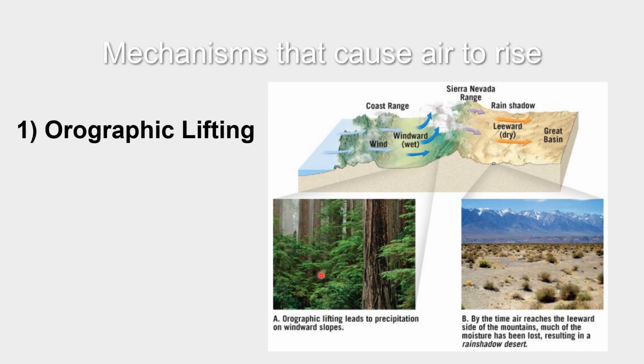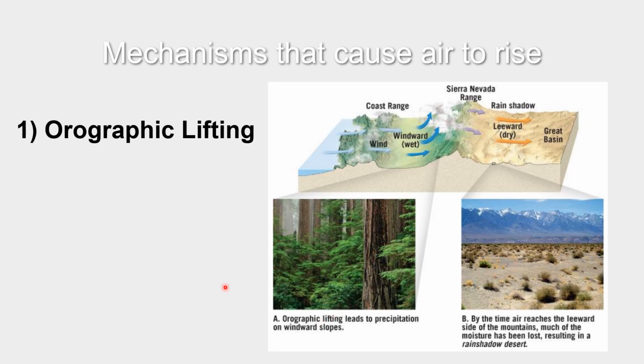And there's also B. It says here that by the time air reaches the leeward side of the mountains, much of the moisture has been lost, resulting in a rain shadow desert.